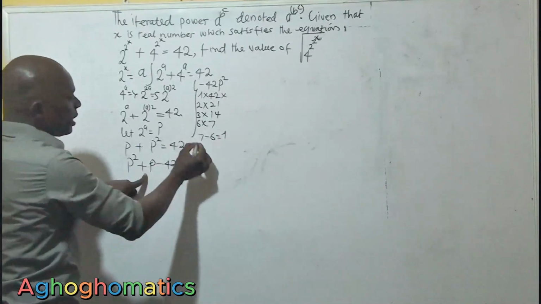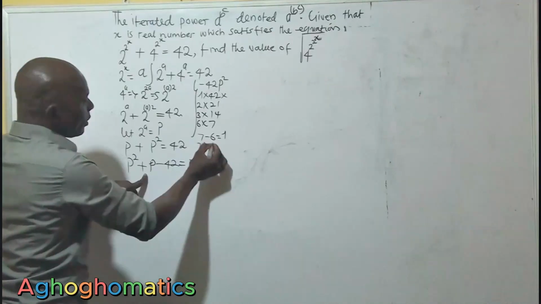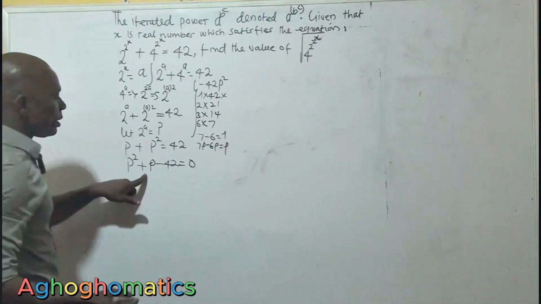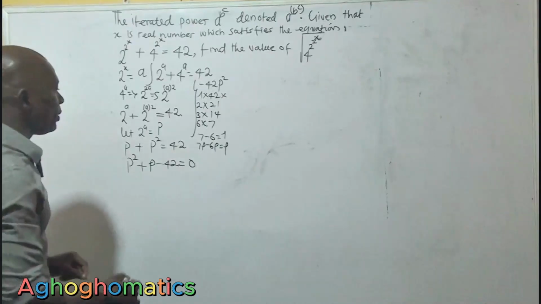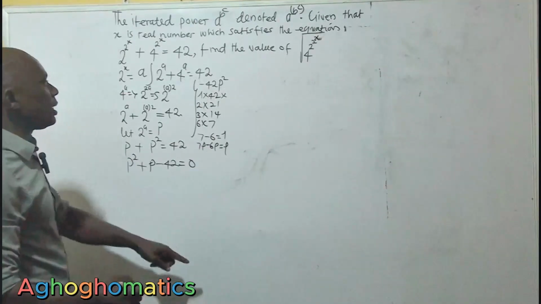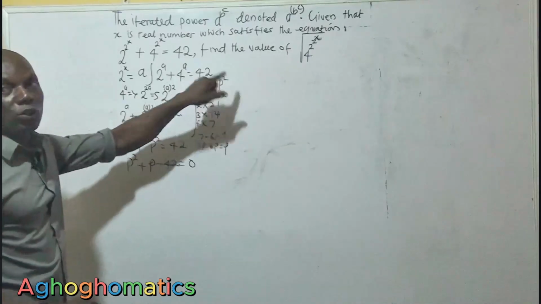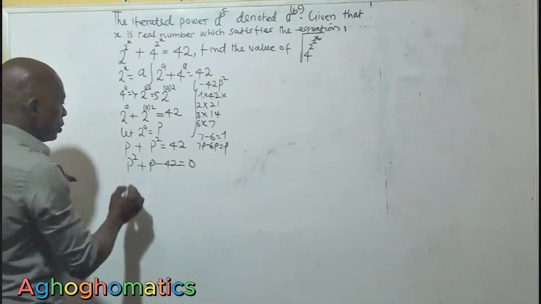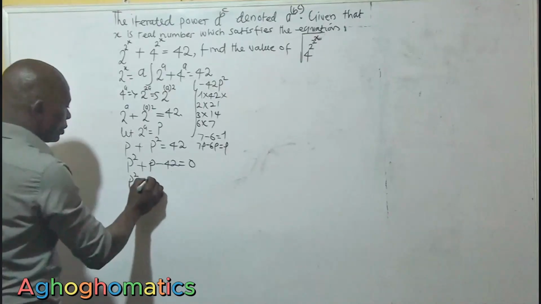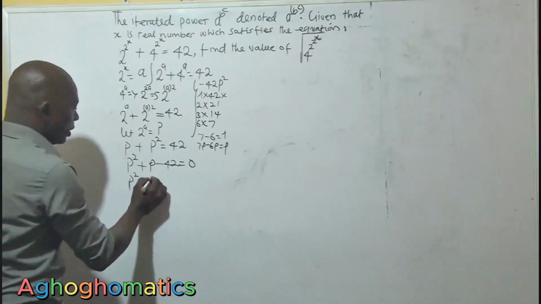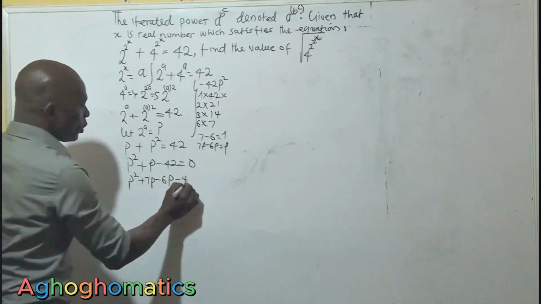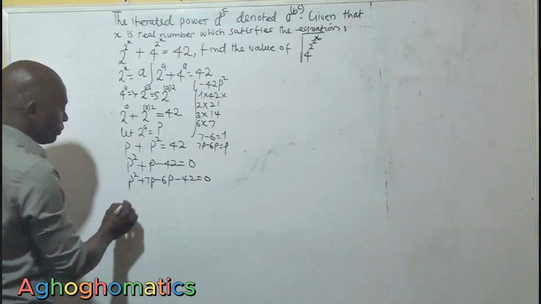Since we're using p here, it means 7p minus 6p. That will give us p. So we replace p with 7p minus 6p, because if you multiply 7p times minus 6p, that eventually gives minus 42p squared. So here becomes p squared plus 7p minus 6p minus 42 is equal to 0.